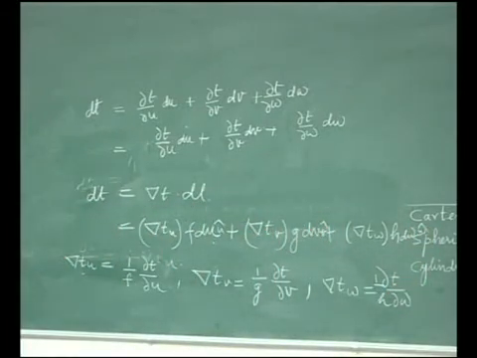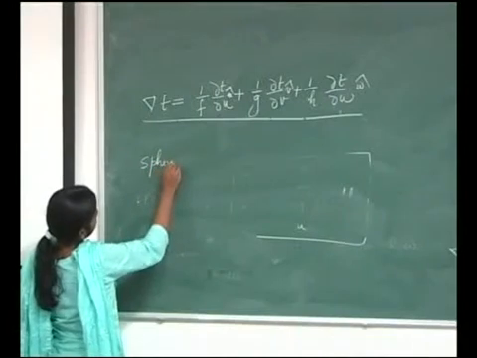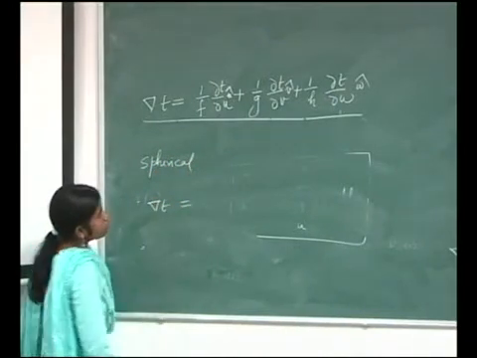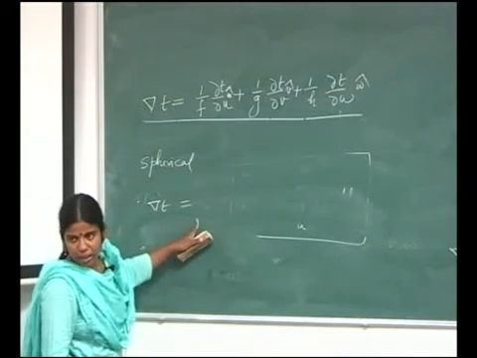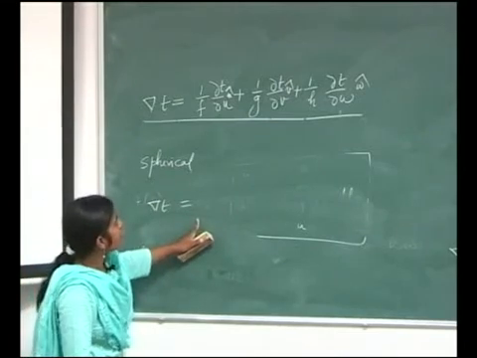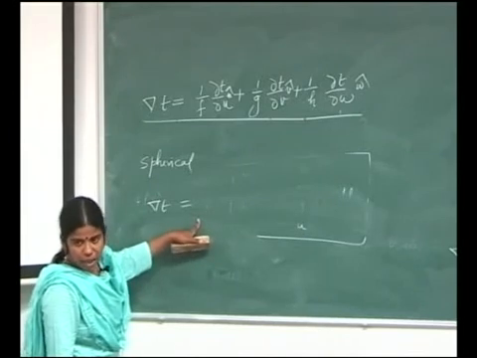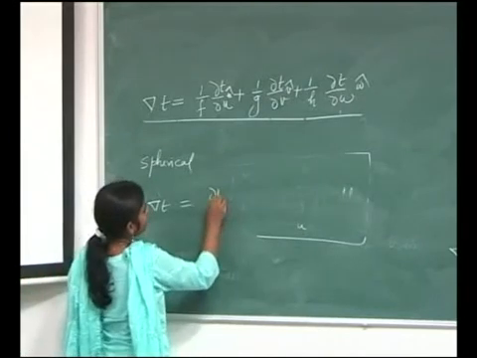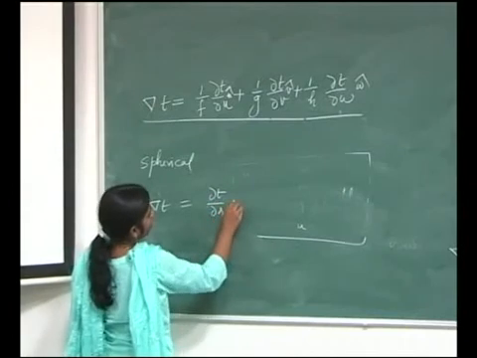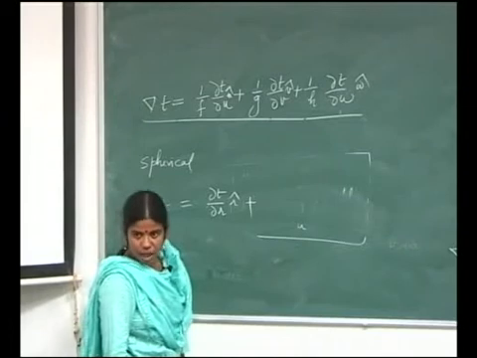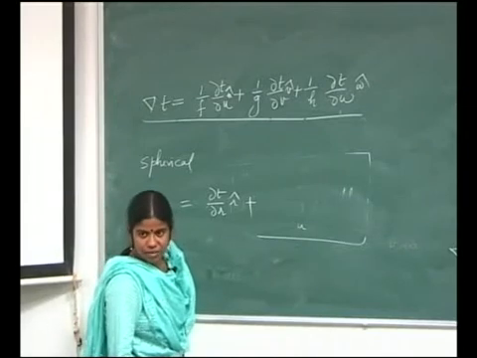Now if we go to the spherical system, then the gradient of t will be equal to, f is equal to 1 in spherical system, del t by del u. What is u? R. So it is del t by del r r cap, plus g is r. In spherical system, what is the value of g?